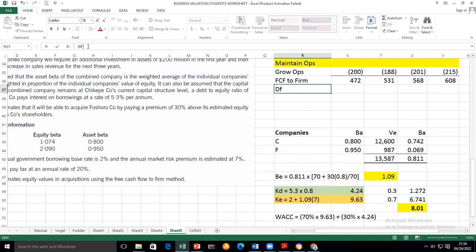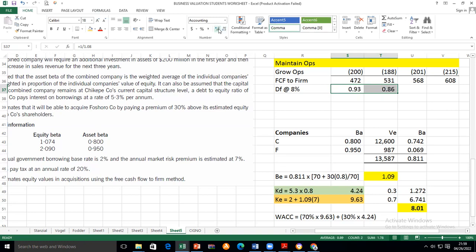That's a magic number we're looking for. So let's discount now. That's a small number that gave me problems.